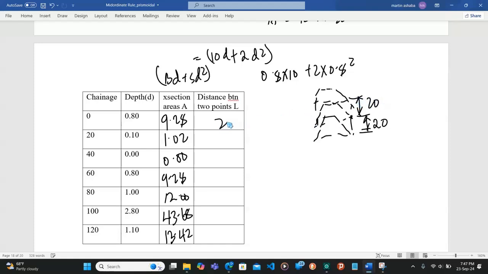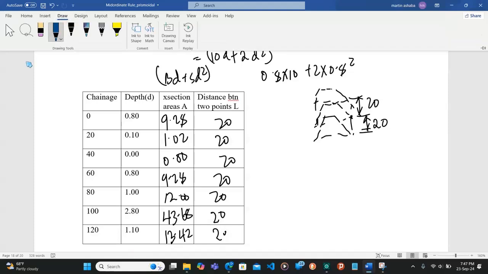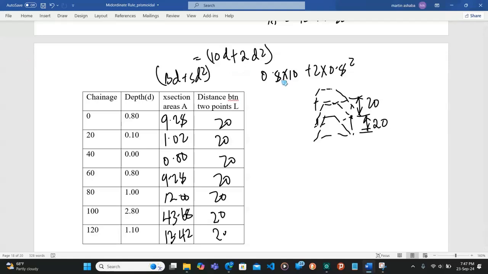So we shall put 20, 20, 20, 20, 20, 20. Now, the other thing that we need to look at is to understand the volume. We are going to put a column for the volume.